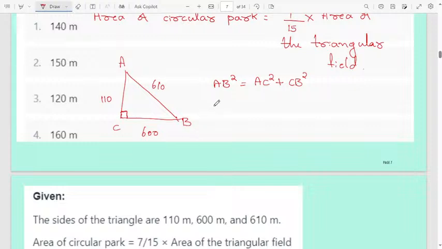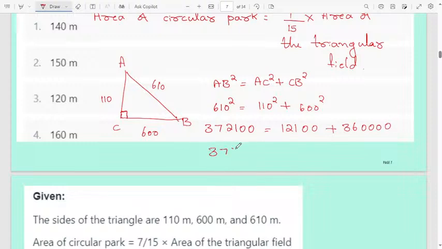Then here AB square value is 610 square, AC square is 110 square, then CB square is 600 square. You have to equate here. What is 610 square? You will get the value 372100. 110 square is 12100. Then this is 360000, that is 36 with four zeros.